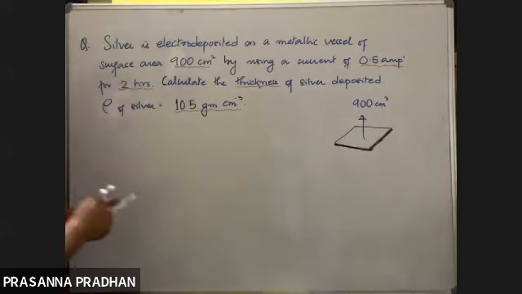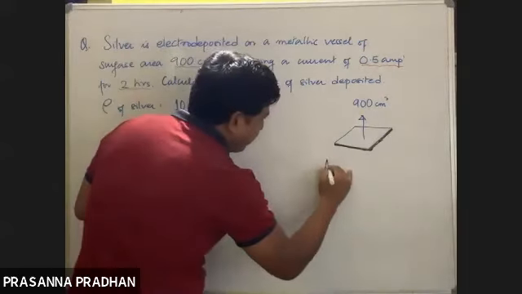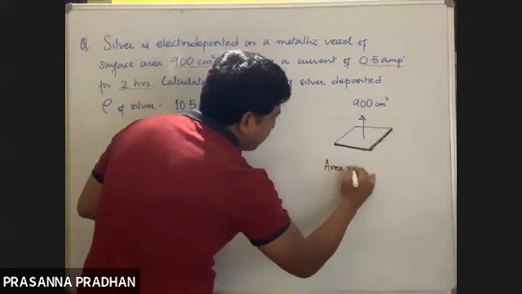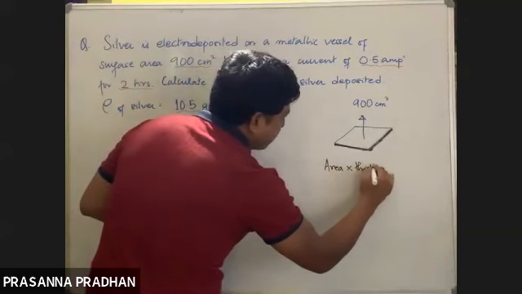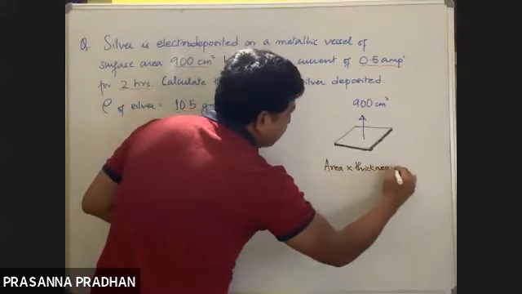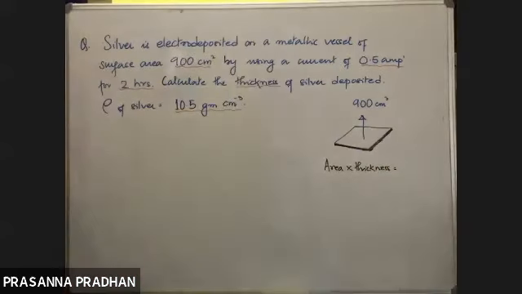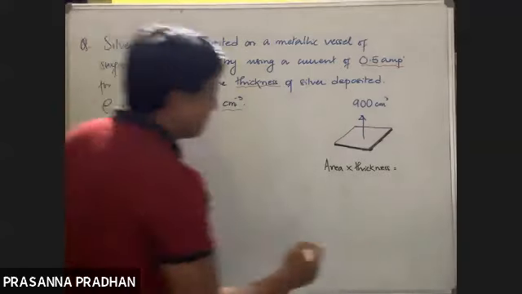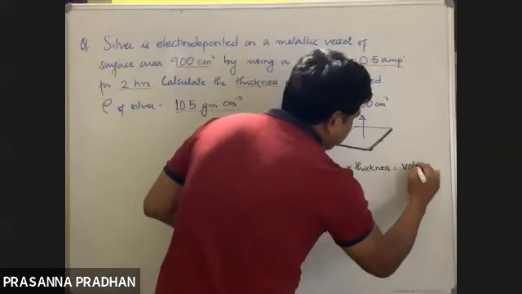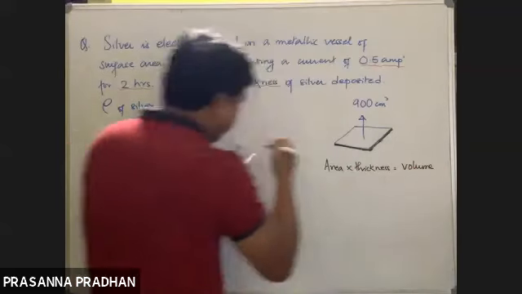So now if I write down the area multiplied by thickness, it will give me what? Volume. Exactly. Area multiplied by thickness will give us volume. So area is already given.